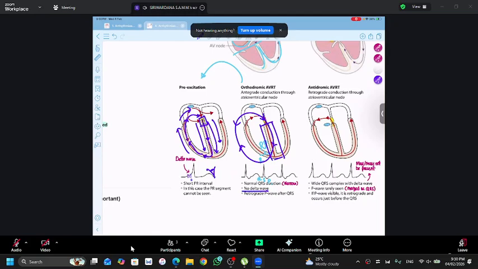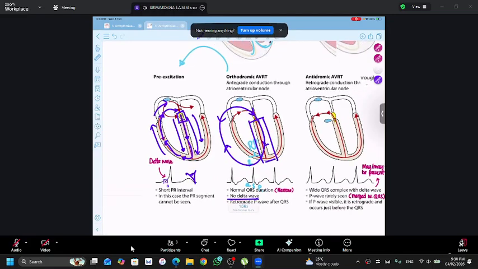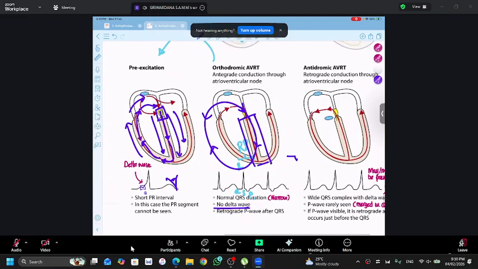Another thing, this is actually a little bit wrong, because again the QRS complex will become abnormal. So now the normal QRS complex develops like this, so this will look abnormal because this is going in the opposite direction.